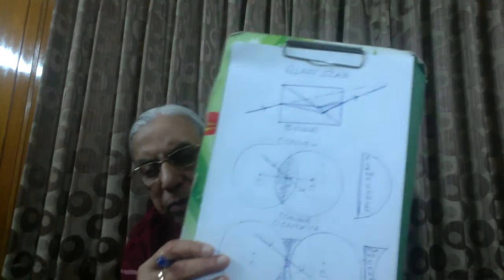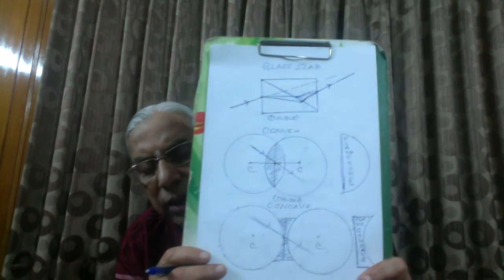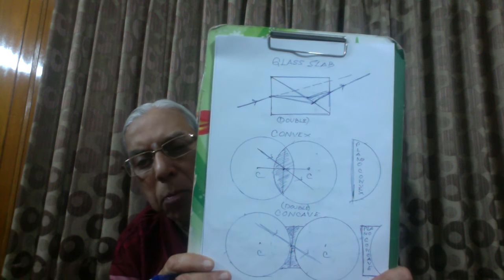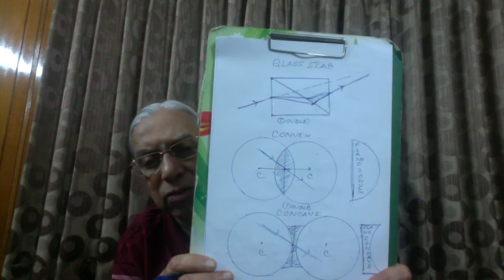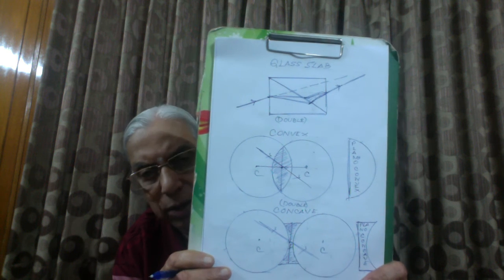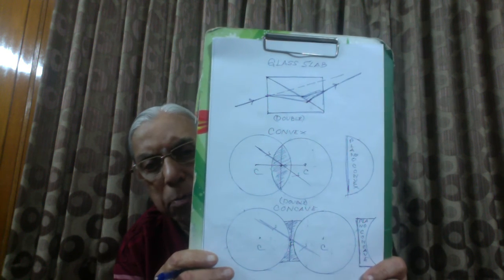Next one, I'll take up the other definition of what we call principal axis. Principal axis means it is the line, please understand, it is a line passing through the centers of curvature and the optic center. I will extend here also.